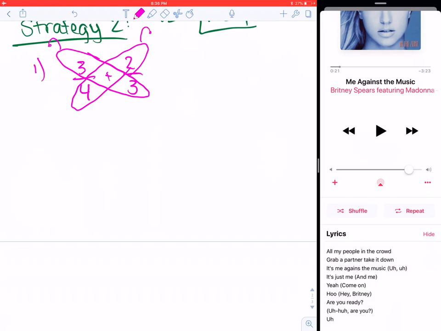So I get 4 times 2 is 8, and 3 times 3 is 9. I add those together, and I get 17. And lastly, I need to multiply my denominators straight across, which is 12. So I have 17 over 12.